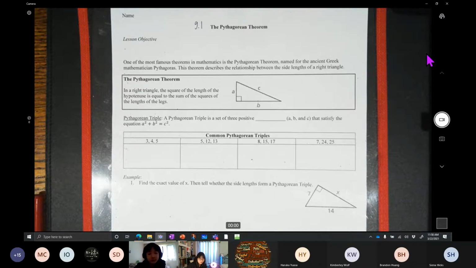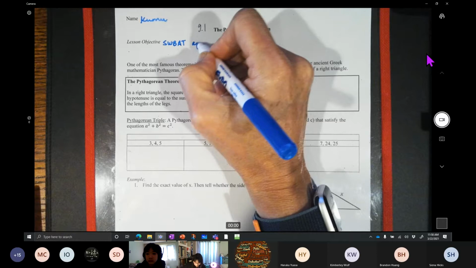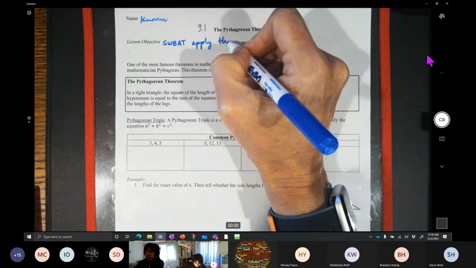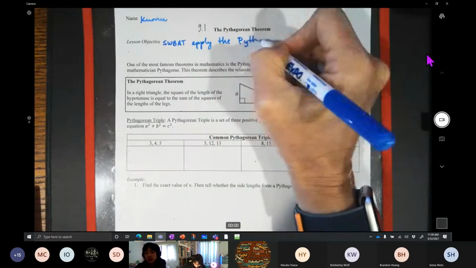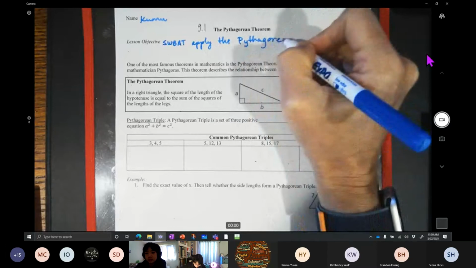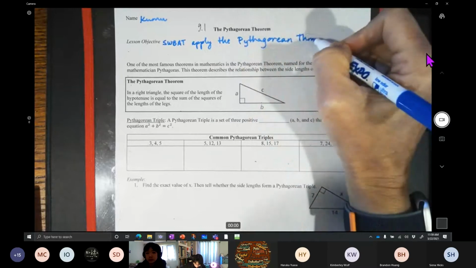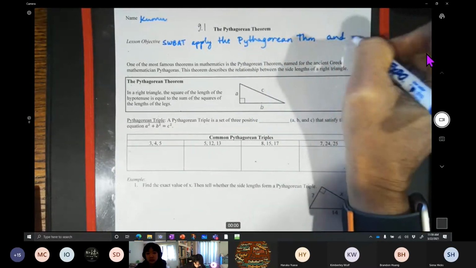This is 9.1 if you want to follow along in your book. The lesson objective here is that students will be able to apply the Pythagorean theorem. And guess what?